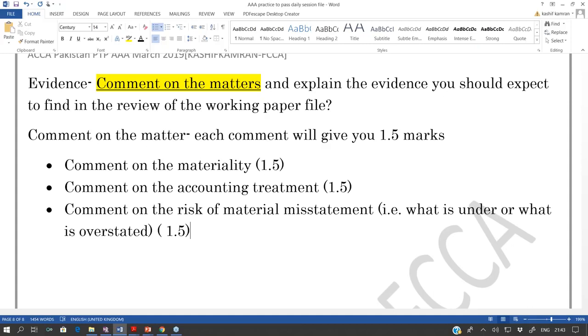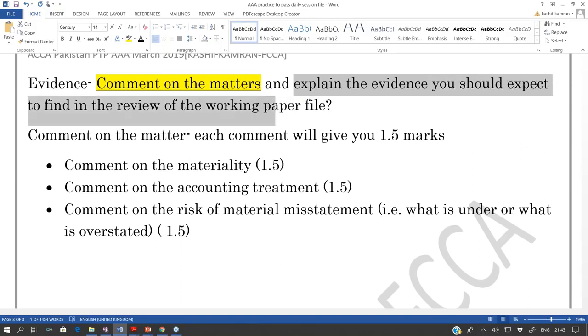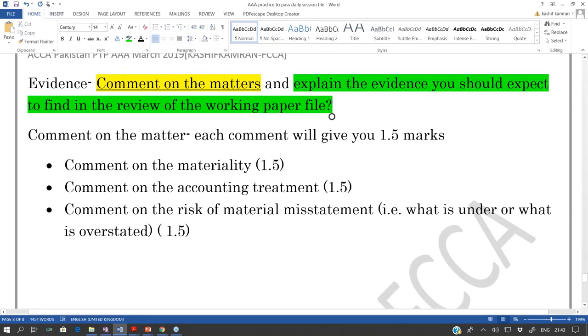So is everyone clear on comment on the matters? Now the second requirement: explain the evidence you should expect to find in the review of the working paper file. That's the second requirement. Explain the evidence.